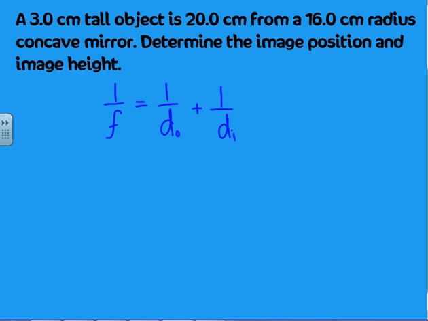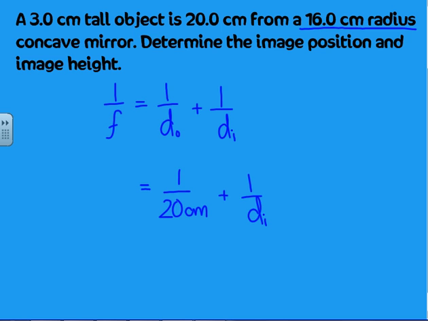Looking at the information I'm given, I'm told where the object is located. That's dO, which is 20 centimeters. I'm looking for the image position. That's di. But this 16 centimeters that I'm given, that's not the focal length, that's the radius.